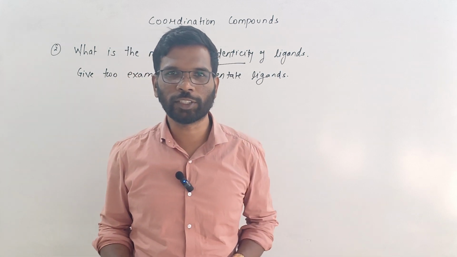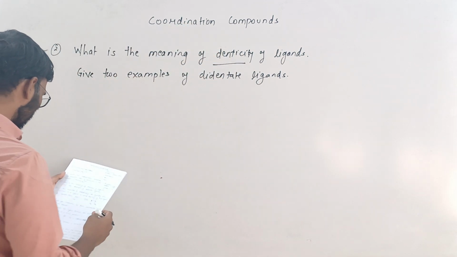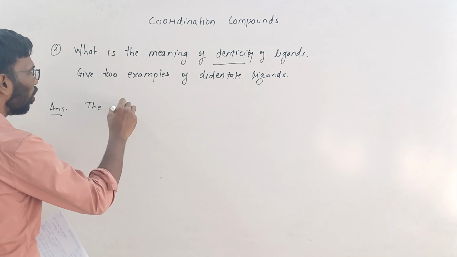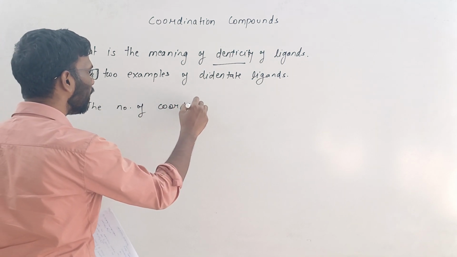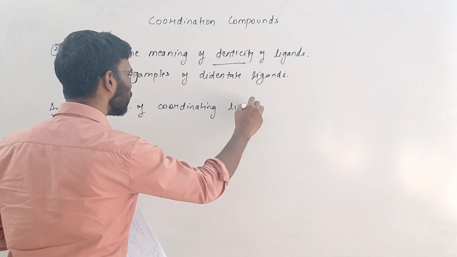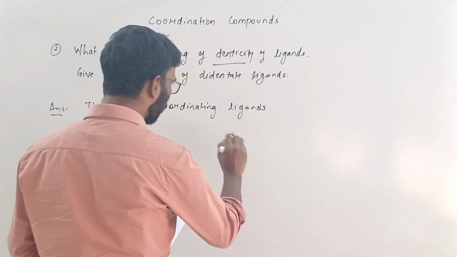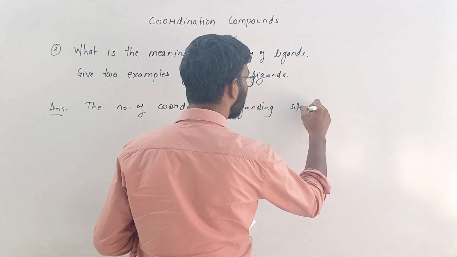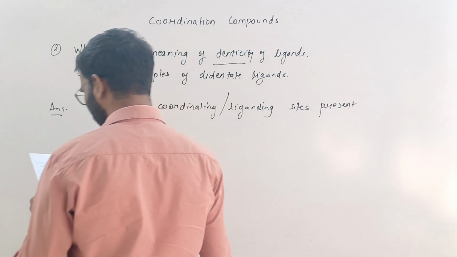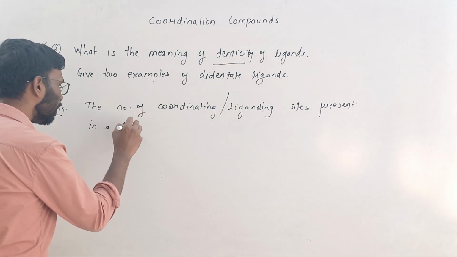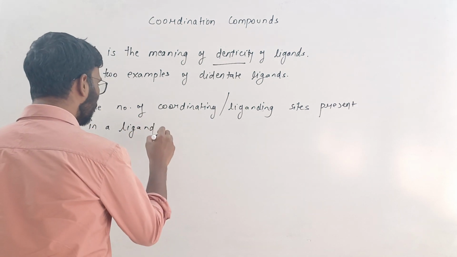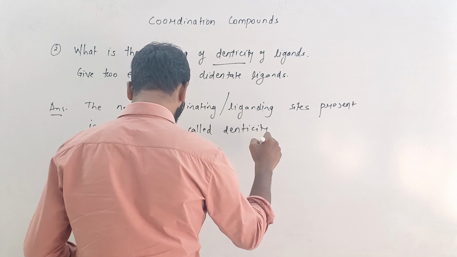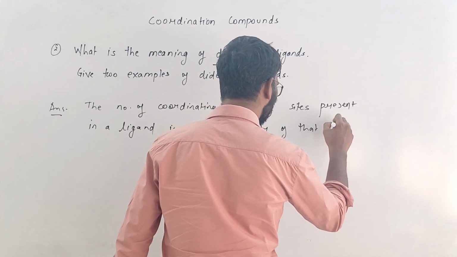In proper words, in a definition form, if you want to write in an exam, you can write it this way: the number of coordinating or liganding sites present in a ligand is called the denticity of that ligand.